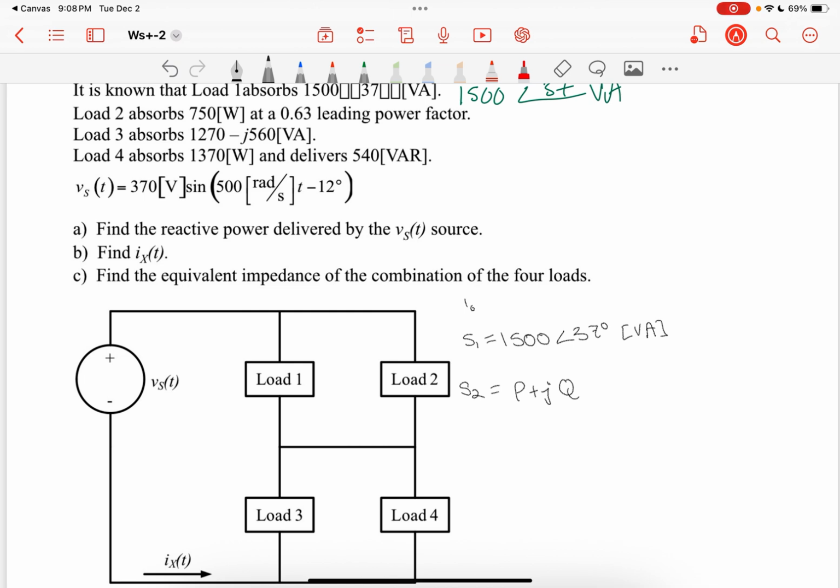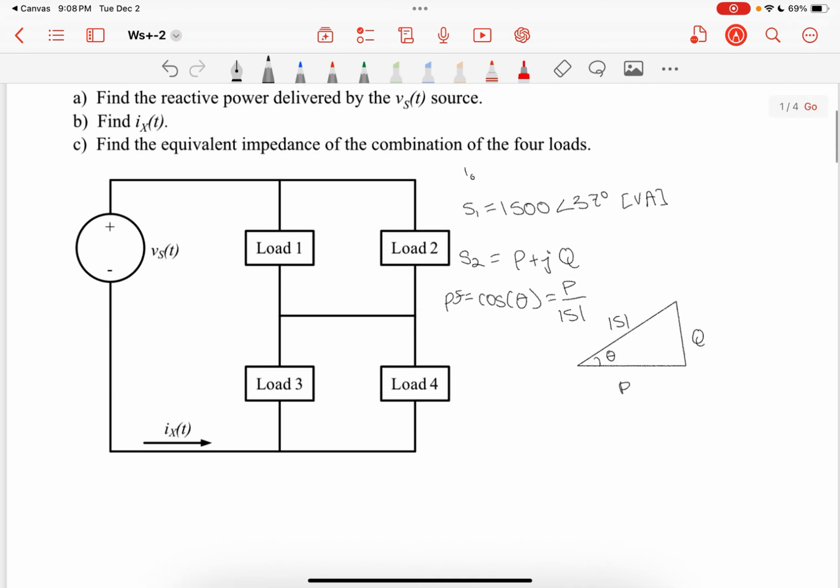So the way we're going to do that is we know that the power factor is equal to cosine theta, and using this triangle, we also know that cosine theta is equal to P over S. So we know power factor is equal to P over S.